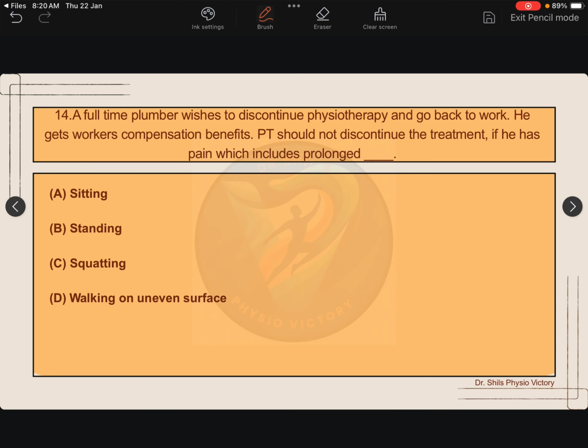Patient should not discontinue the treatment if he has pain which includes prolonged option A sitting, option B standing, option C squatting, option D walking on uneven surface. Here the correct answer is option C because plumber's job requires prolonged squatting, kneeling and trunk flexion.